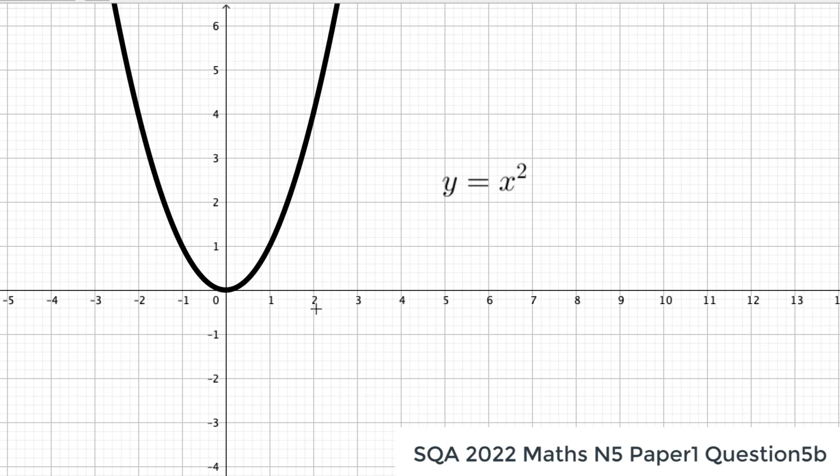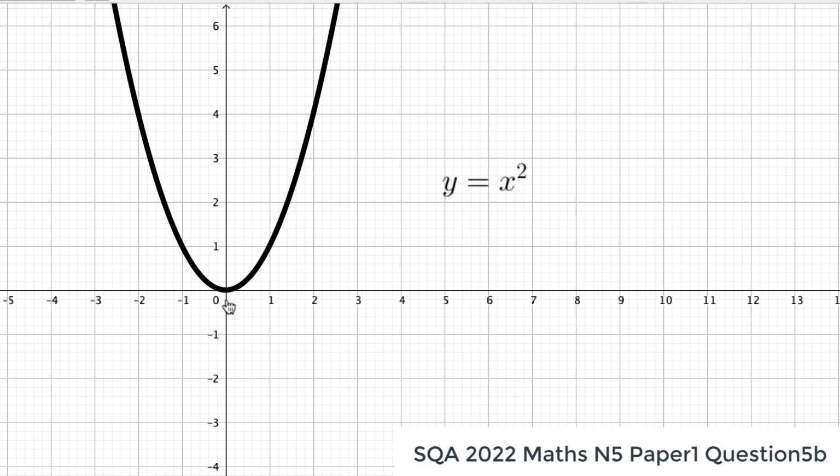Here's x equals 2, 2 squared is 4, so the graph goes up to a height of 4 above the x-axis. So the heights of the graph are telling you the values of x squared. For negative values, -1 squared is +1, -2 squared is +4. That's why the graph is symmetrical about the y-axis.